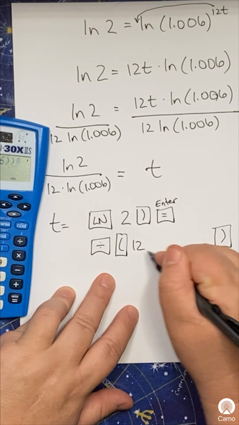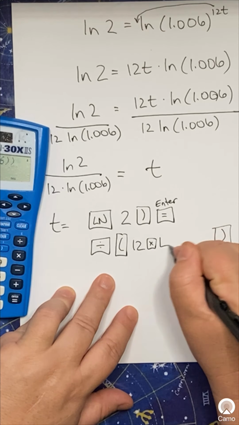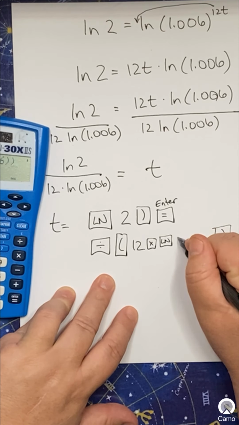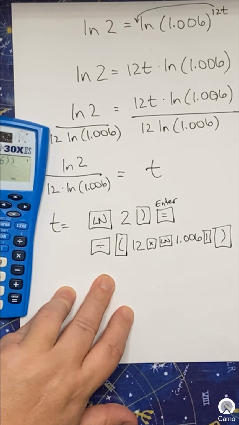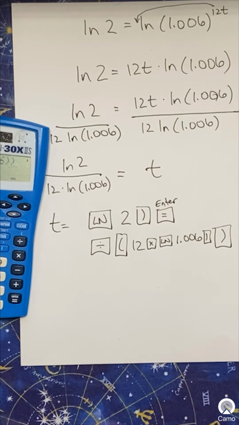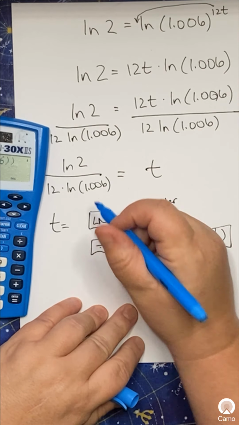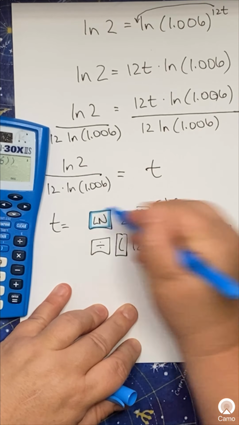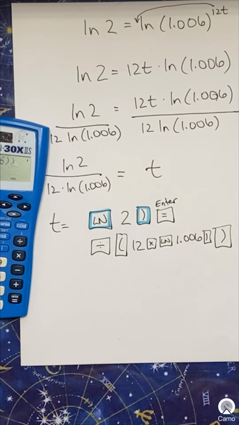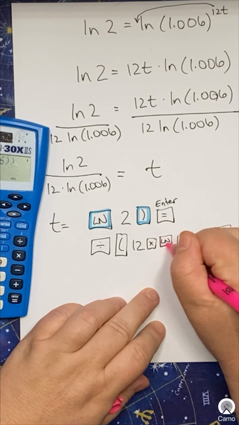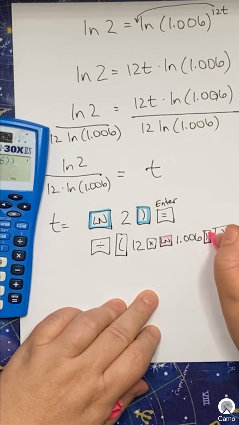I'm going to say 12 times natural log of 1.006. And here's the thing: every time you open a natural log, you have to close it. This natural log right there goes with this.